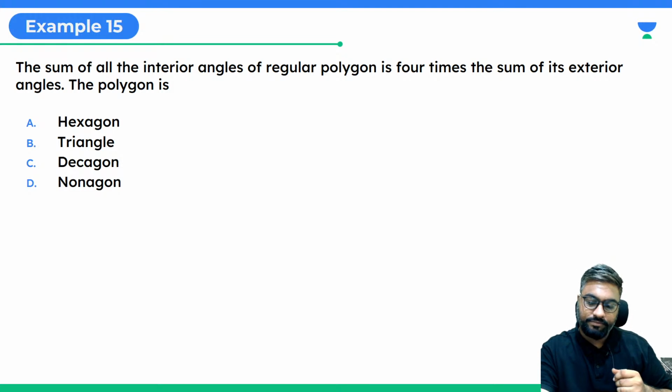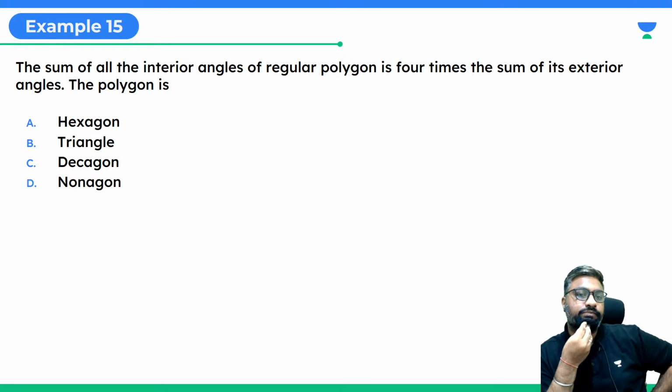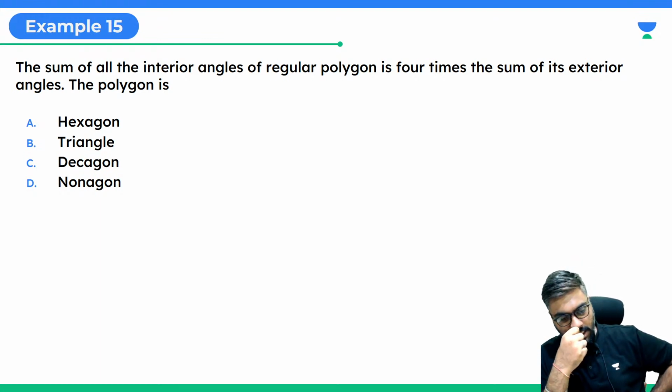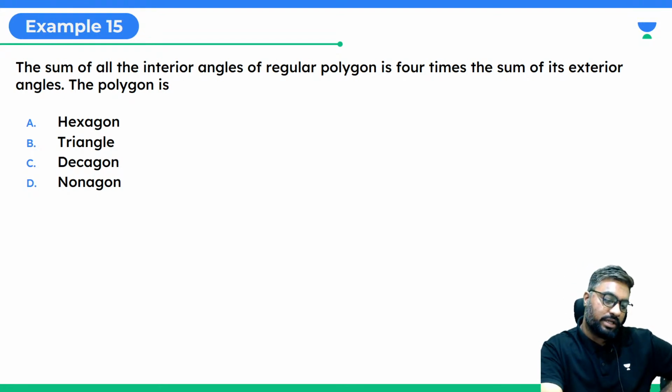Quickly try. जल्दी जल्दी. These are all simple questions. Get us familiar with polygons. We'll be doing advanced questions in practice, okay?